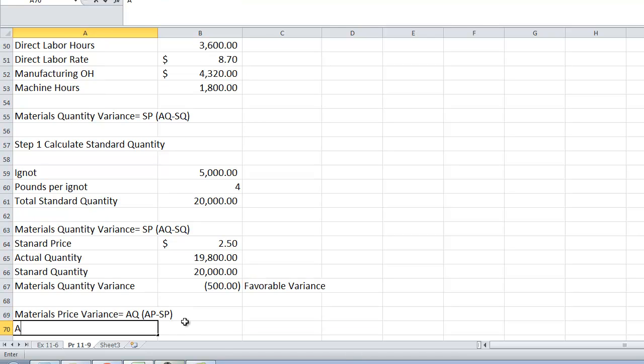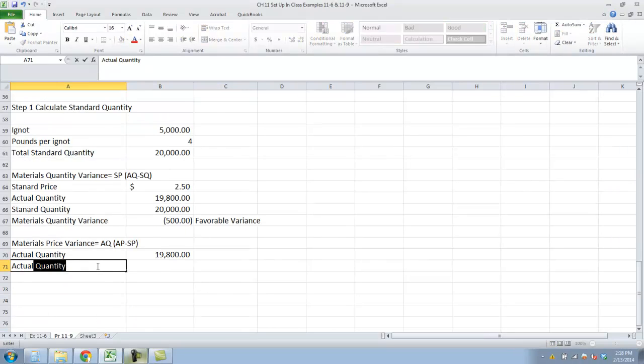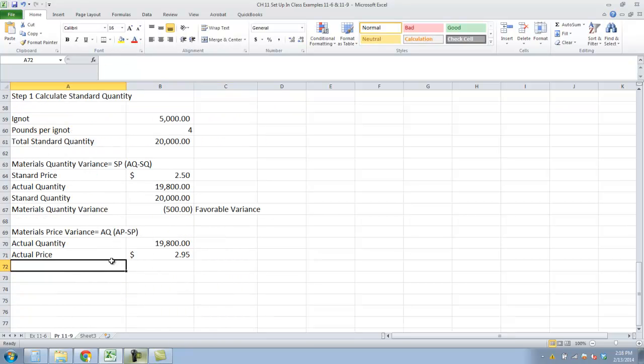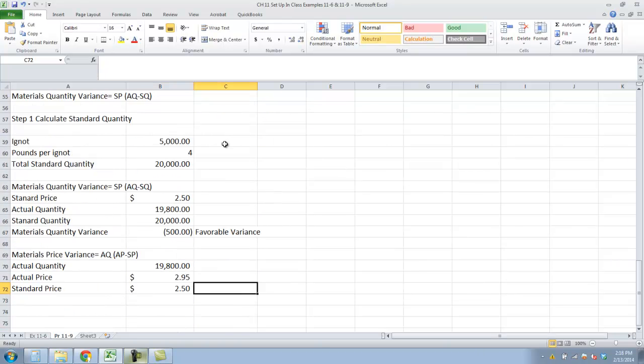Now, if we want materials price variance, we take actual quantity times actual price minus standard price. So, actual quantity was the 19,800. Our actual price is given in the problem at $2.95. Our standard price is supposed to be $2.50.